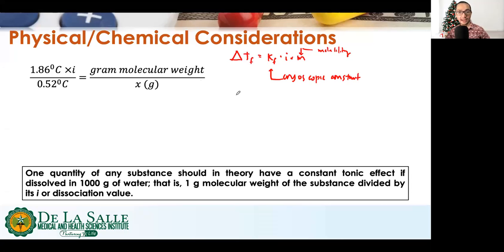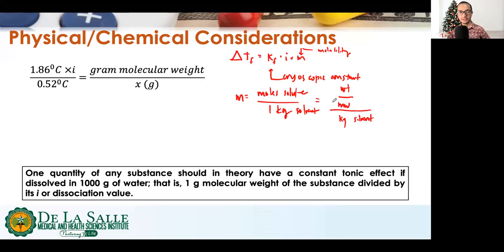Molality is equal to the number of moles of the solute per kilogram of the solvent. The number of moles of the solute can be taken as the weight of the substance divided by its molecular weight, divided by the kilogram of the solvent. So that is your molality.